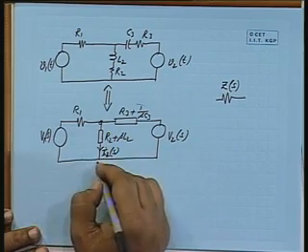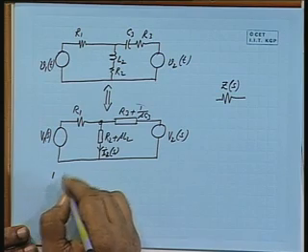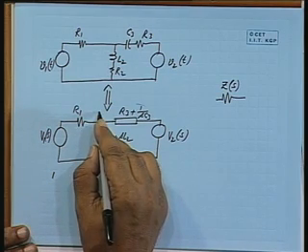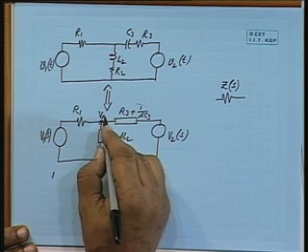what will be I2(s)? You can go for nodal analysis. So, let this potential be VA.